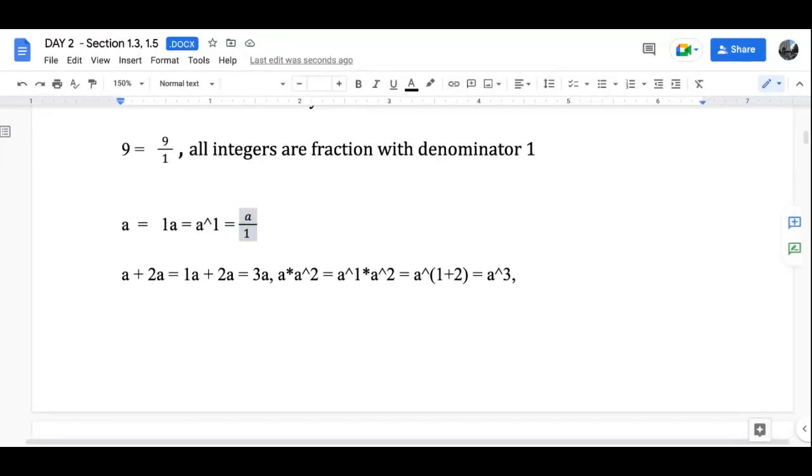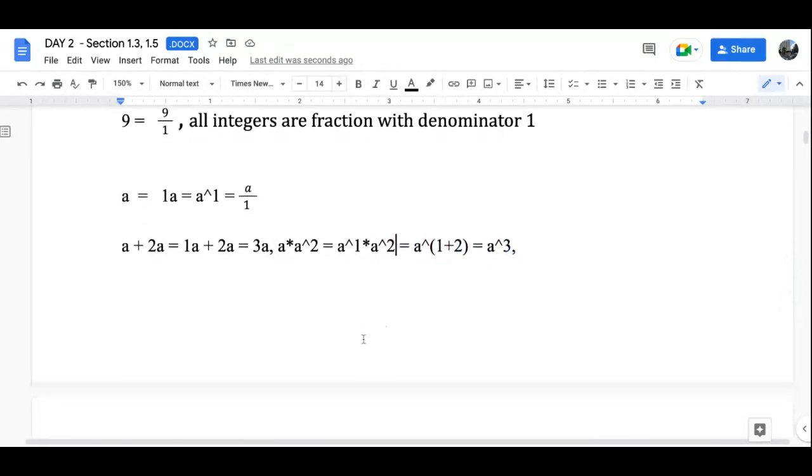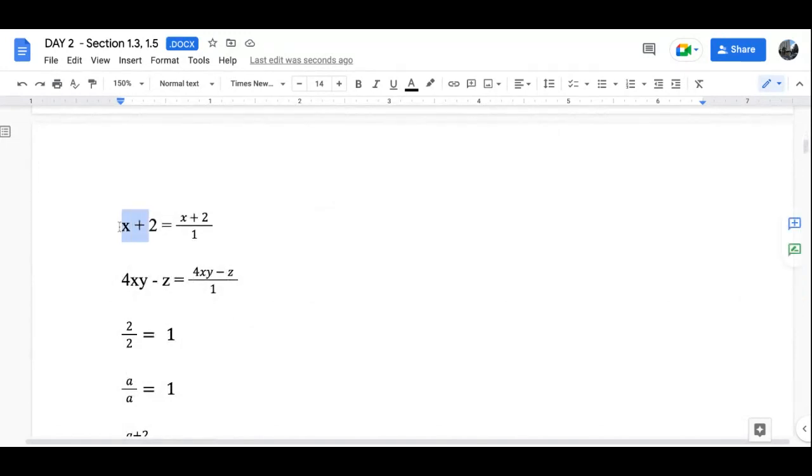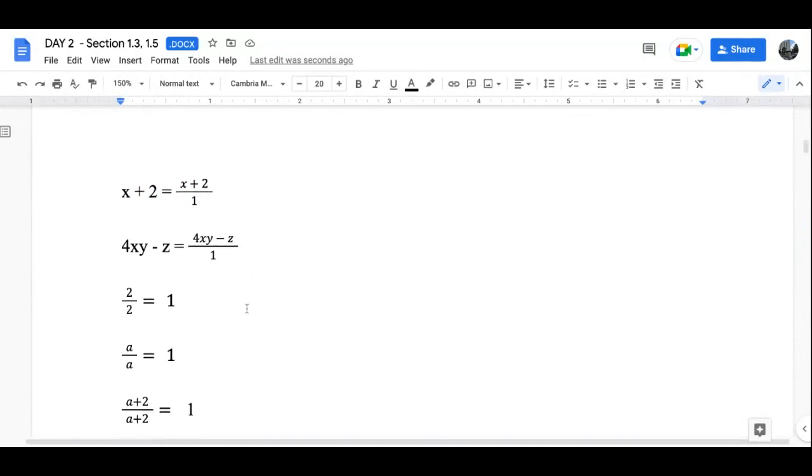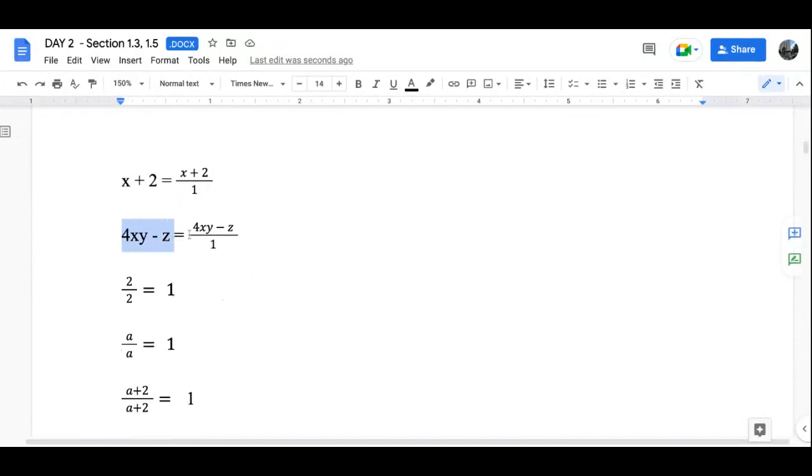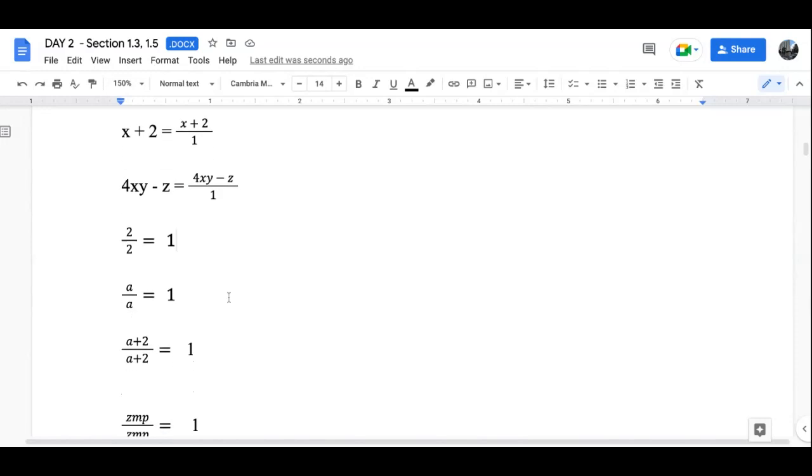So everything is 1. So then we can add like terms, right? A plus 2a, that's 1a plus 2a, that's 3a. Well, a times a squared, that's a raised by first power, times a raised by second power, that's a raised by 1 plus 2, which means a raised by 3. So all those default ones. Let's say x plus 2 is the same as x plus 2 divided by 1. So this expression is the same as this divided by 1.